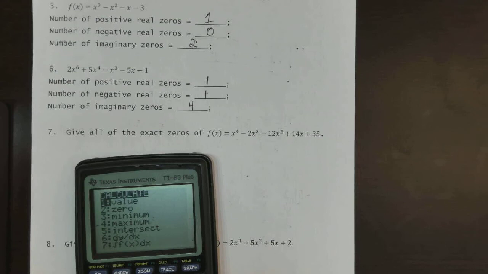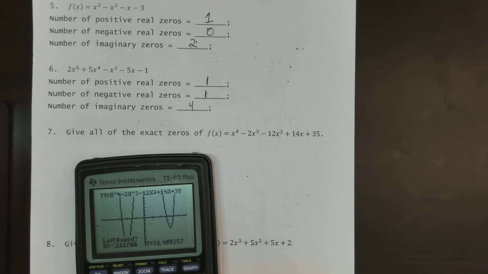Okay, let's try these positive sides. 0. All right, so it comes into view here. There we go. Hit enter for left bound. For right bound, hit enter again. All right.